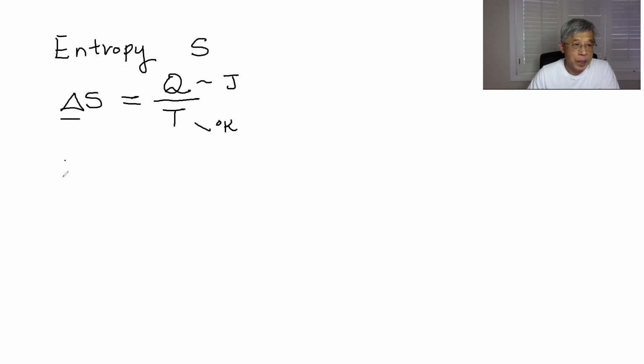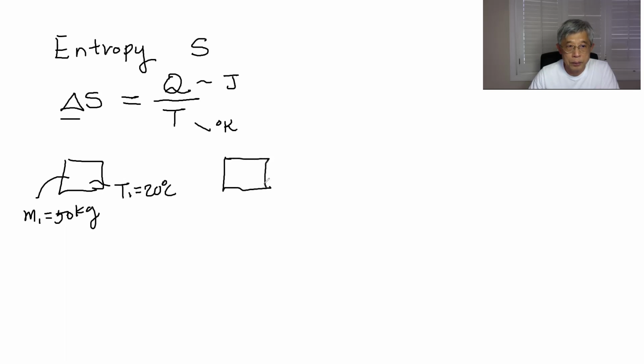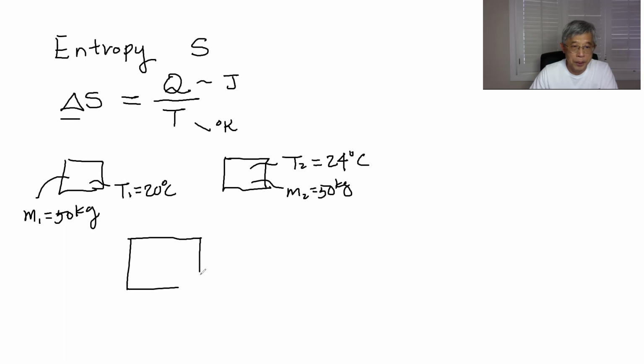The example that we have is M1 equal to 50 kilograms, and T1 is 20 degrees C. And then there's another bucket of water, and M2 is also equal to 50 kilograms, and T2 is equal to 24 degrees C. We're going to mix them together in a bigger container.